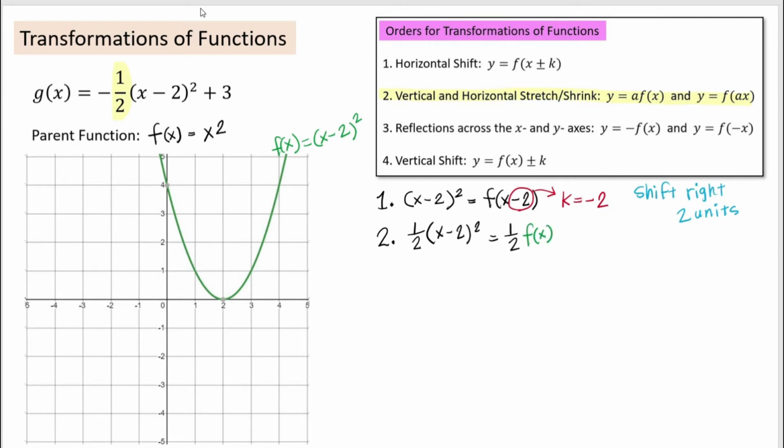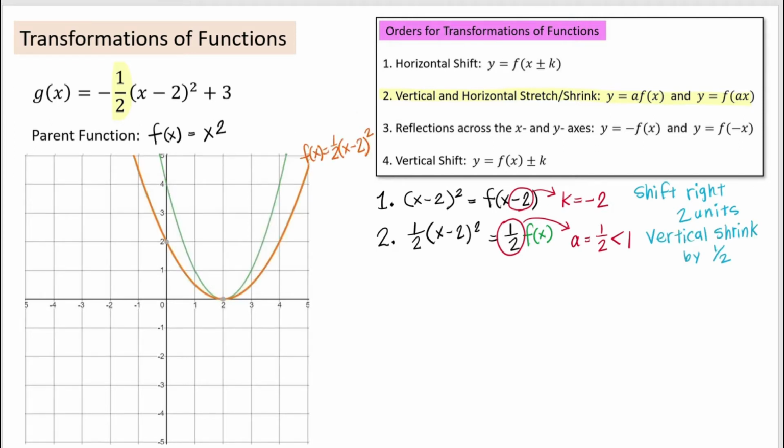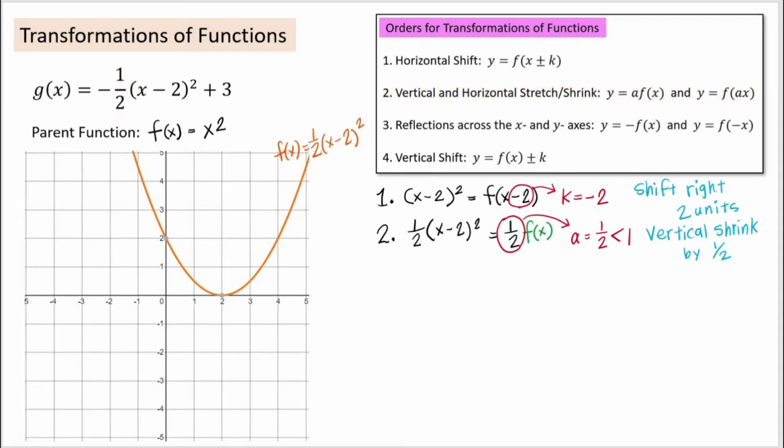In terms of the equations for vertical and horizontal stretch and shrink, a is equal to 1 over 2. So the function f of x is shrunk vertically by a factor of 1 over 2. Let's call this new function f of x.